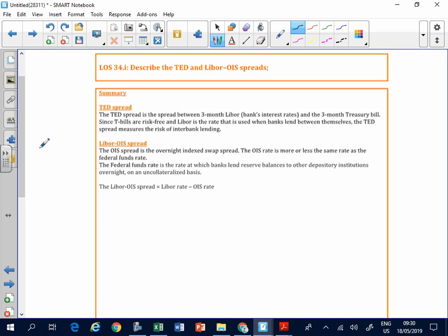Not credit risk, that's very small, but it has more to do with liquidity. Everyone happy? The bigger the spread, the more liquidity risk it could be. So for example with banks, if you see the spread shoot up, it means there's a bit of a liquidity problem. People don't want to take this term risk, they're happier to be in the OIS space.